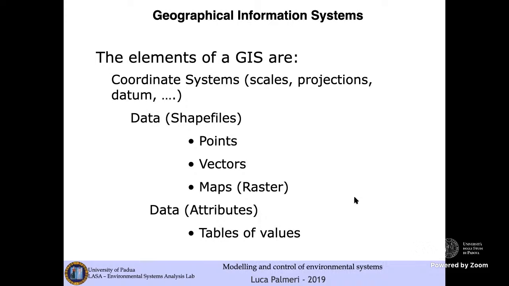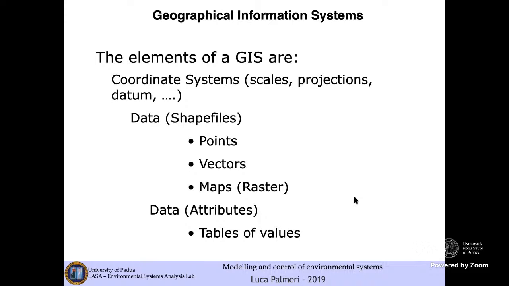It is important to notice that while points and vectors are not dependent on the scales or on the resolution of your descriptions, because in point and vector shape files you have a list of objects that are identified, for example, in points by a triplet of coordinates, or in vectors by a starting point, a direction, and a length.